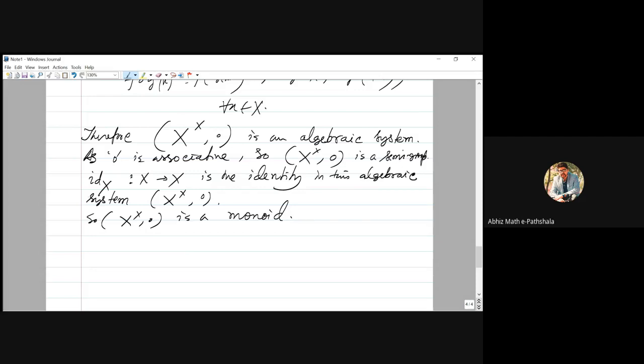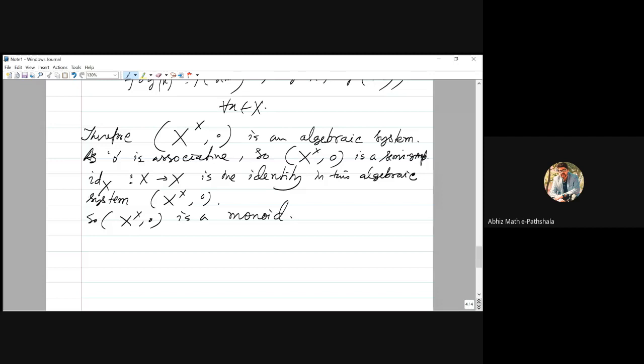So once you see that it is a monoid, you are trying to check whether it has a left inverse, right inverse, or an inverse for any element, right?